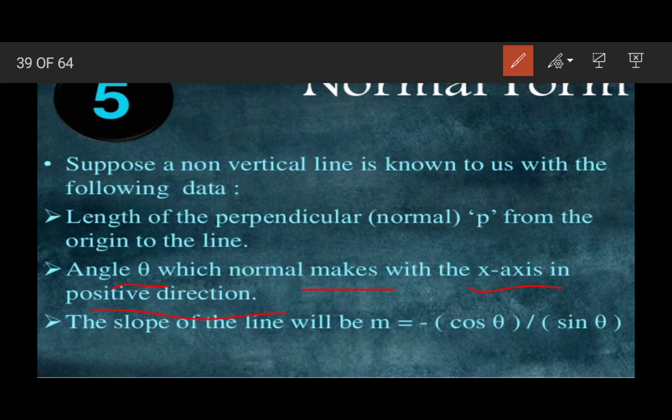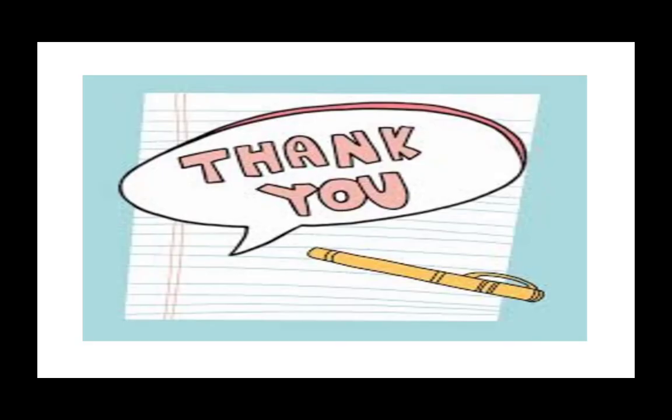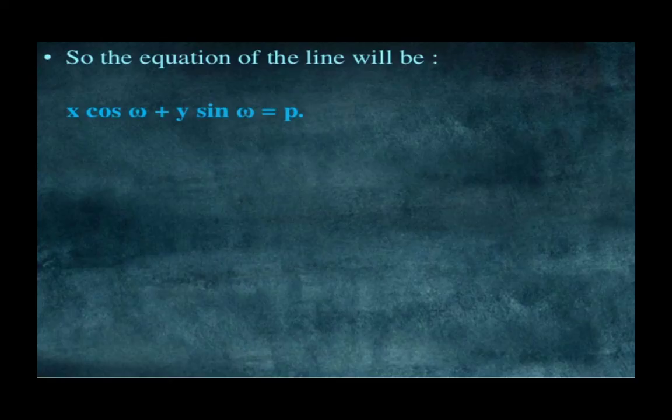Then the slope of a line is m, and the equation of a line will be x cos omega plus y sin omega equal to p. Then we can find the equation of a line with this formula x cos omega plus y sin omega equal to p.